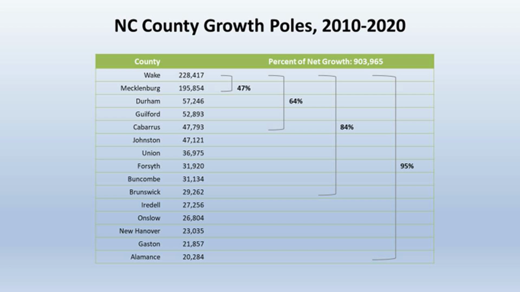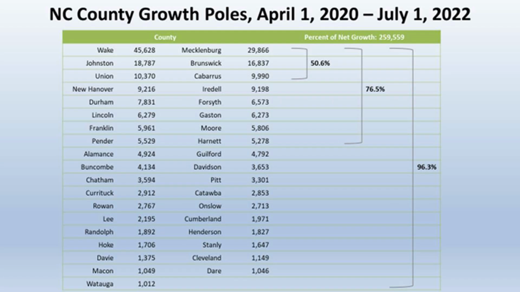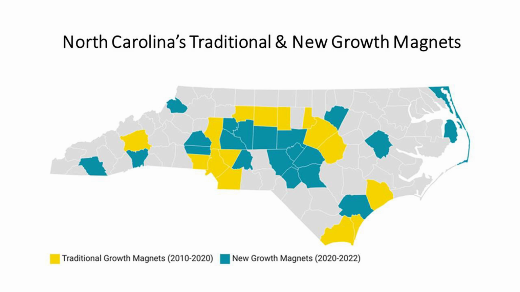So we call these high growth counties and pole growth counties because more and more we have people spreading to those perimeter counties in the state. And this is what it looked like during COVID in terms of how people were moving into those pole counties. So what happens is we end up with our traditional growth magnets and our new growth magnets when people migrate into the state.